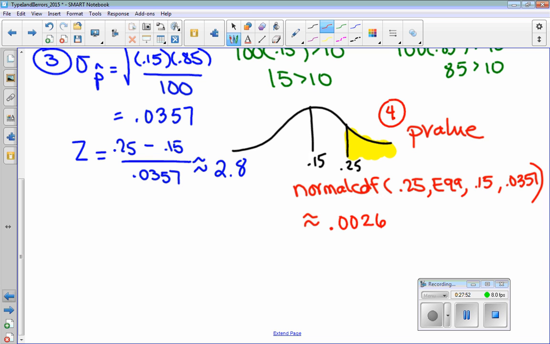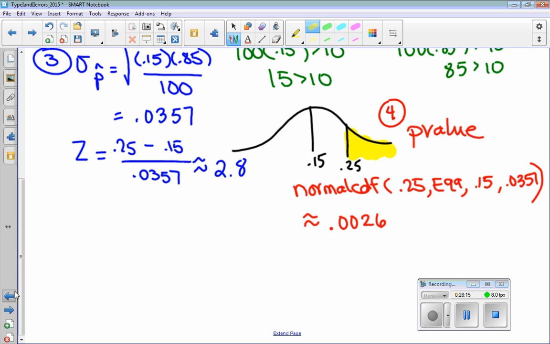Way different number? You should never get a negative for a p-value. A p-value is always between 0 and 1. So let's do normal CDF. Hunter, look up here. The lower bound is 0.25. Okay, good. The upper bound is positive E99.